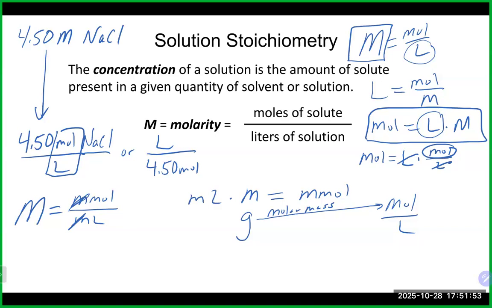So converting from milliliters to liters is a very common conversion that you use a lot. Once again, 1,000 milliliters equals 1 liter. Any questions on that there?